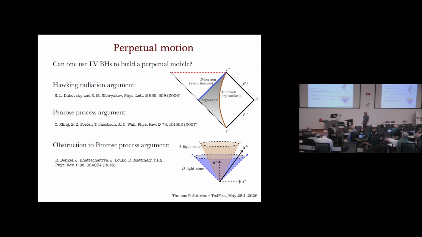We went and checked that, and for this to happen there is a condition that needs to be satisfied between the Killing vector and the B metric. You can interpret this physically as saying that in the ergo region, gravity should continue to be attractive in terms of the B metric. So the norm of the Killing vector could not be less than -1, basically. It turns out that all known configurations that we had in Einstein-Ether theory or Horava gravity don't satisfy this condition. So you can't really run that process in these spacetimes.